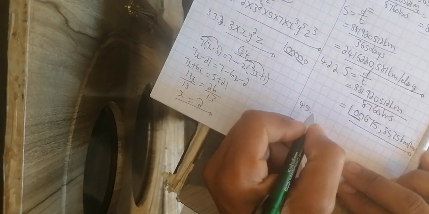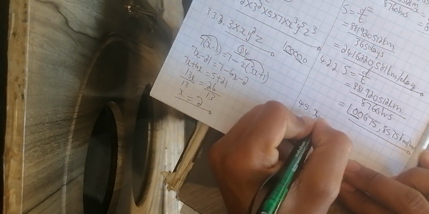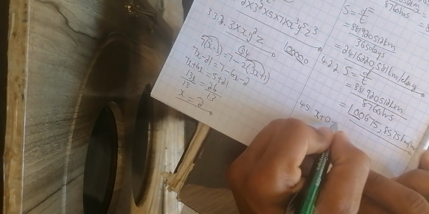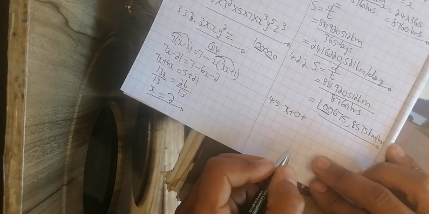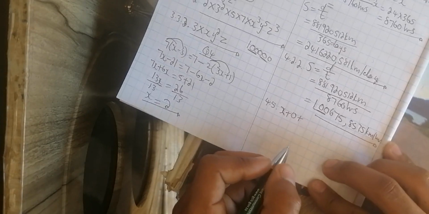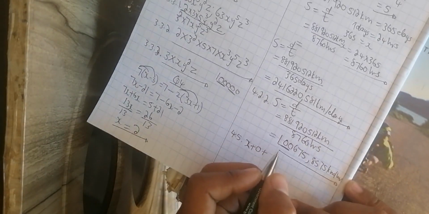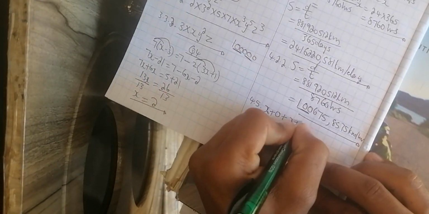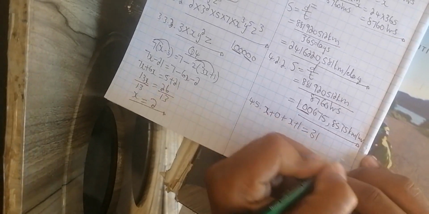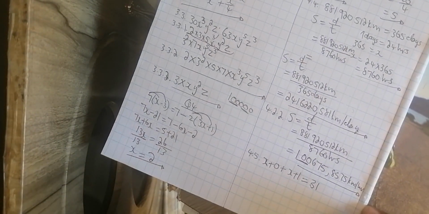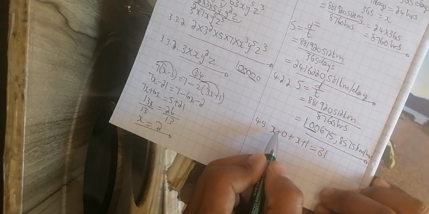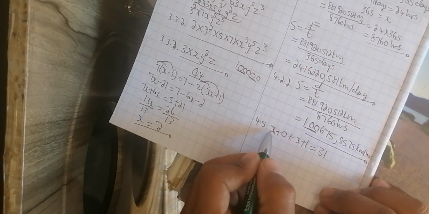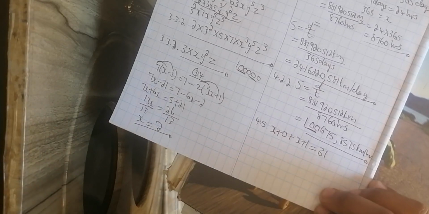So let's let the first number be x plus 0. I'm going to treat this as the sum of whole numbers, x plus 0 plus x plus 1, and I'm going to say this equals 31 because they are consecutive. The first one is x, the second one is x plus 1.